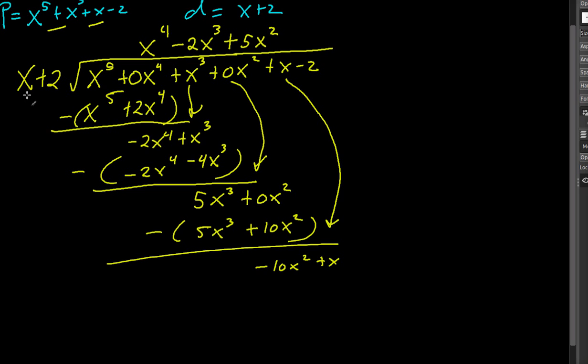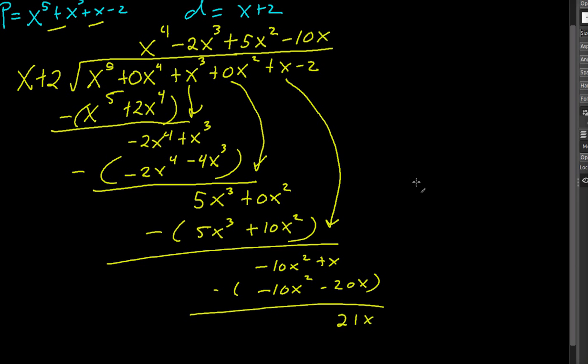Okay, so what do I multiply x by to get negative 10x squared? That would be negative 10x. Okay, so this is negative 10x squared. Negative 10x times 2 would be negative 20x. I subtract. This will go to 0. x minus 20x.